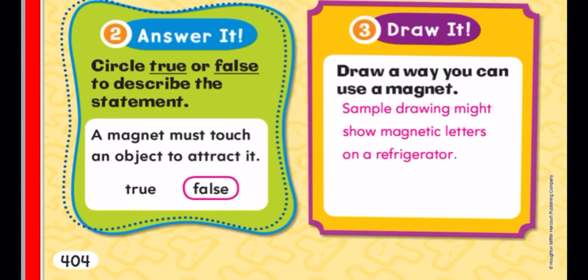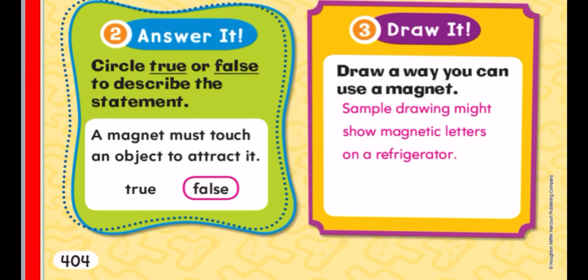Definitely it's false. This is not true. A magnet does not need to touch an object to attract it. It can attract objects even through my hand. We call it what, remember? A magnet field. A magnet field is the space all around the magnet where it can do its job.